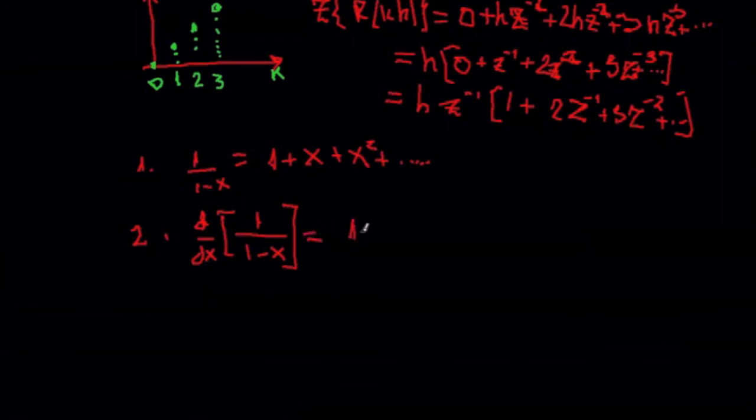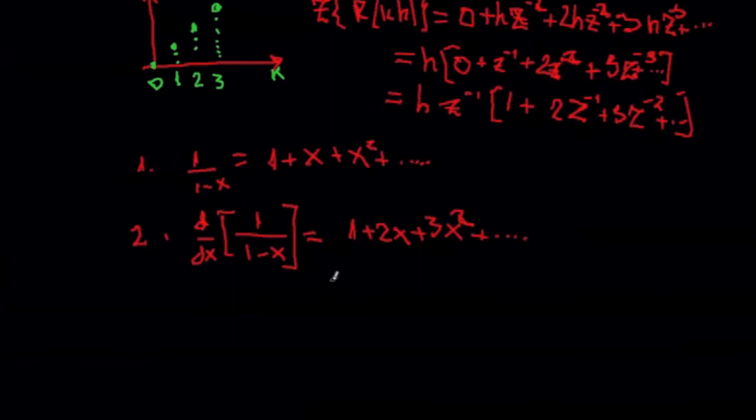So this is 1 plus 2x plus 3x squared plus, and so on. So it seems like these coefficients show up as z^-1, z^-2.